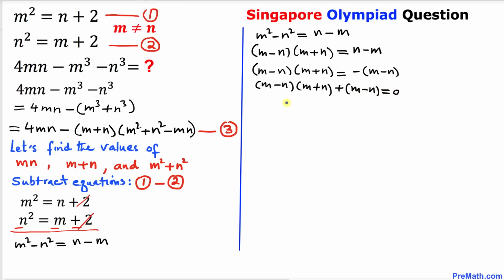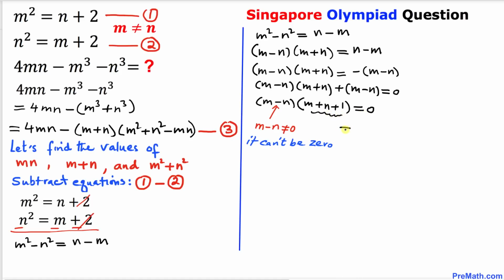Now we can see that this m − n and this m − n are in common, so we can bring this one outside. So this could be written as (m − n)(m + n + 1) = 0. Now we can see that this factor m − n cannot be equal to 0, so therefore this other factor is going to be 0.